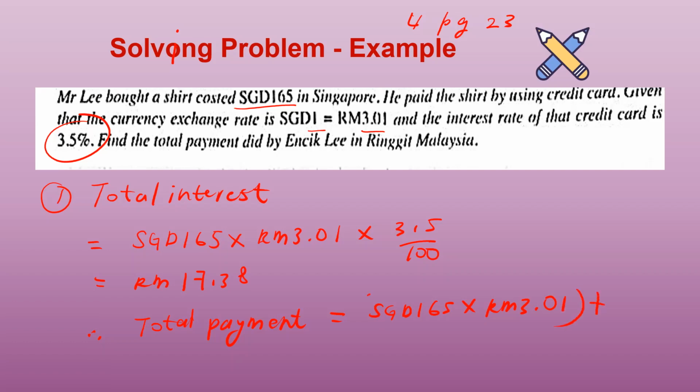This one you times, because you want to convert from Singapore dollar to Malaysian ringgit, and then you plus with the interest. The interest is 17.38 cent. So altogether you will get RM 514.03. So that's how you convert the price from abroad to local.